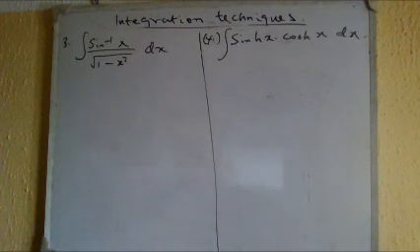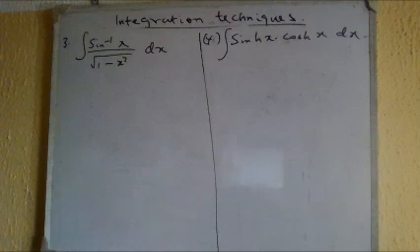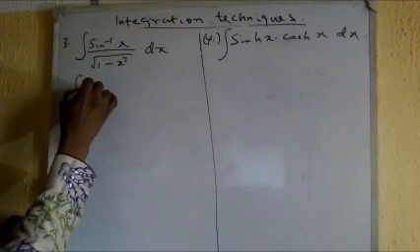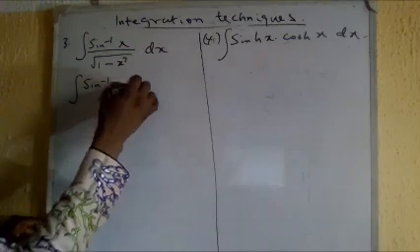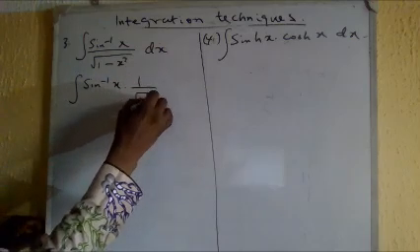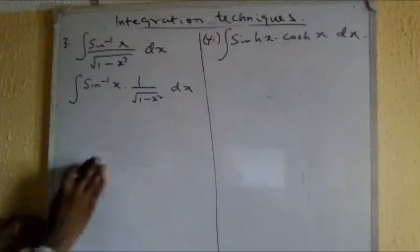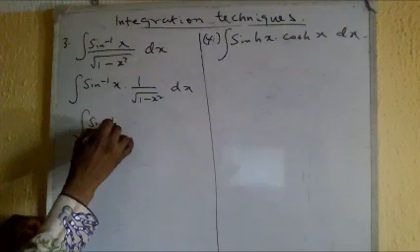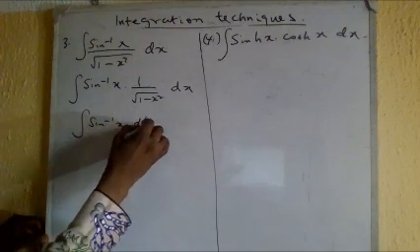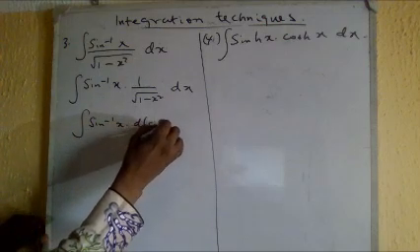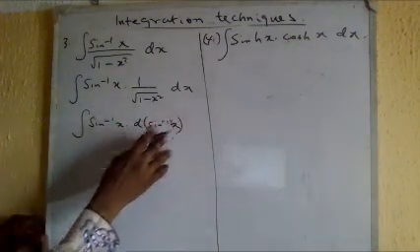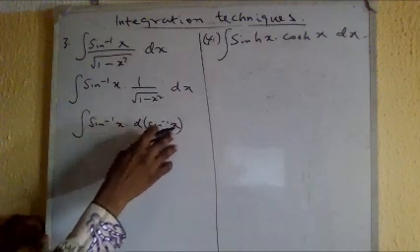Okay, so for these questions, I have this first one. It can be broken down like this: sine inverse of x dot 1 over root 1 minus x squared dx. So I will test, if I differentiate this one, will I get the second product? Yes, correct. I will get the second product because the differential of sine inverse of x is 1 over root 1 minus x squared.